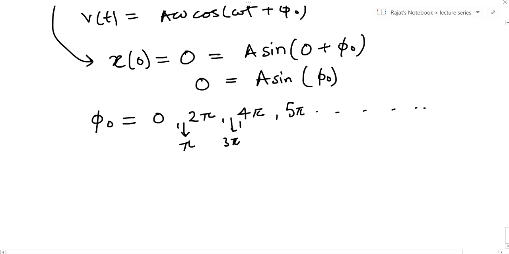So we are still not clear whether phi naught will be 0 or pi or 2 pi or 3 pi. We don't know. So how to find out the value of phi naught?